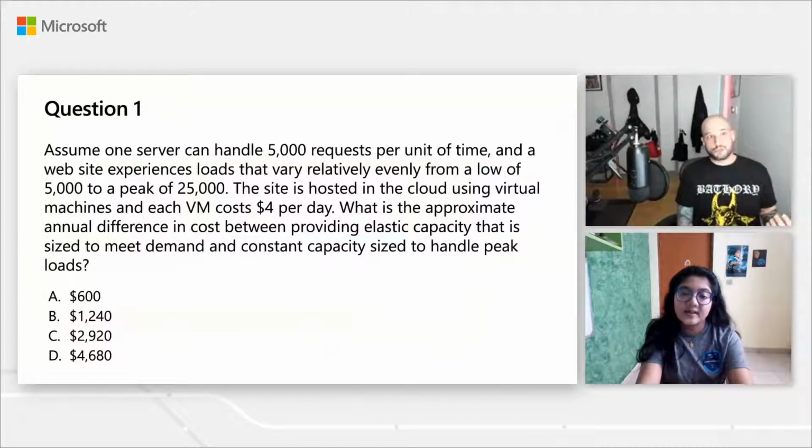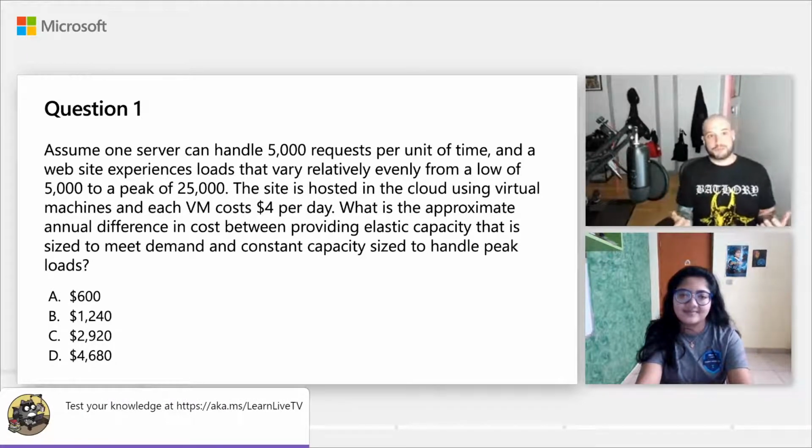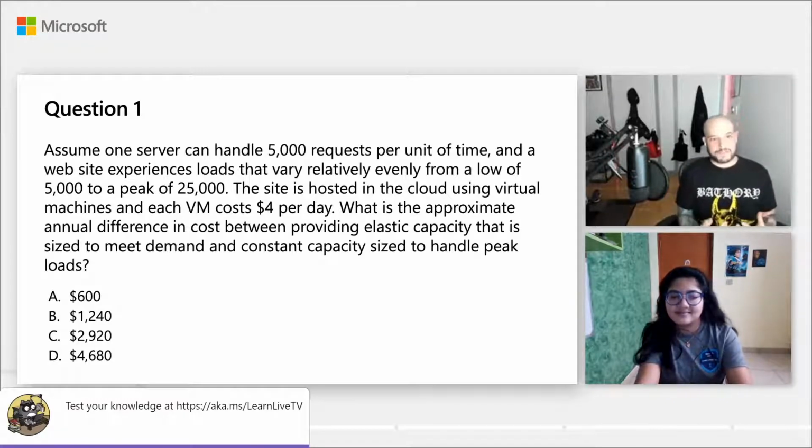So let's get to our first question that our poll is going to ask. This one is for our attendees, viewers, but I want to ask you the question and see if you've got it right. Assume one server can handle 5,000 requests per unit of time and that a website experiences loads that vary relatively evenly from a low of 5,000 to a peak of 25,000.